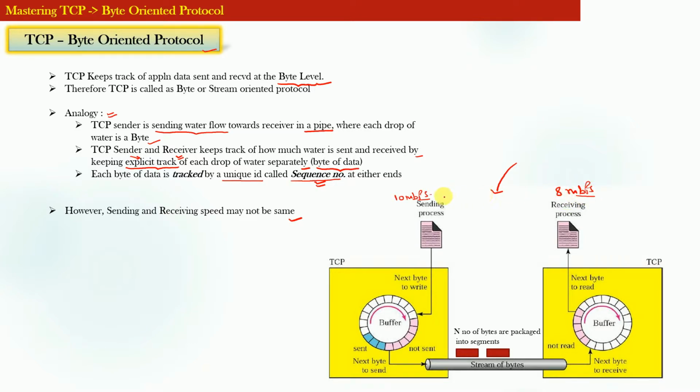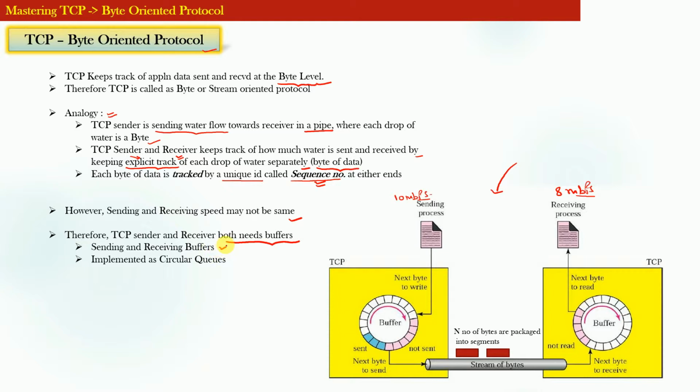So because of the difference in the capabilities of the sending TCP and the receiving TCP, both TCPs need buffers to accumulate the data temporarily. So on each side of a TCP protocol, that is on the sending side and receiving side, we have sending and receiving buffers. Remember, TCP protocol is a duplex protocol. That is, the flow of data is bidirectional in TCP.